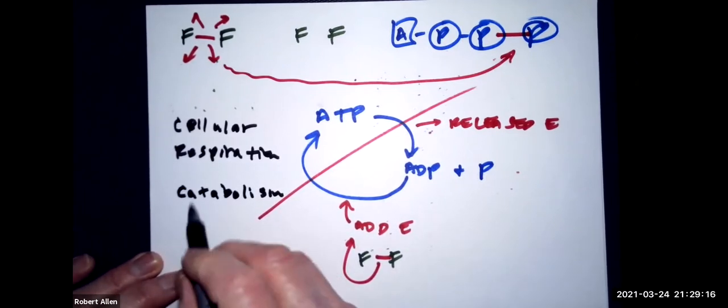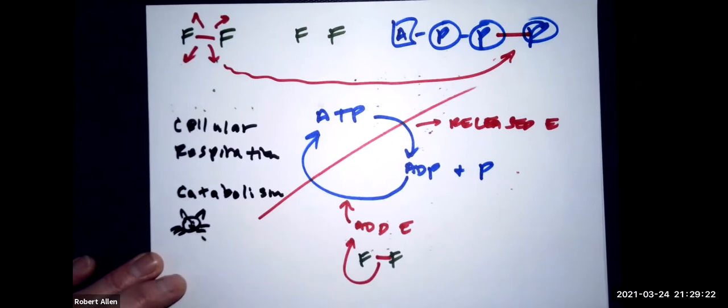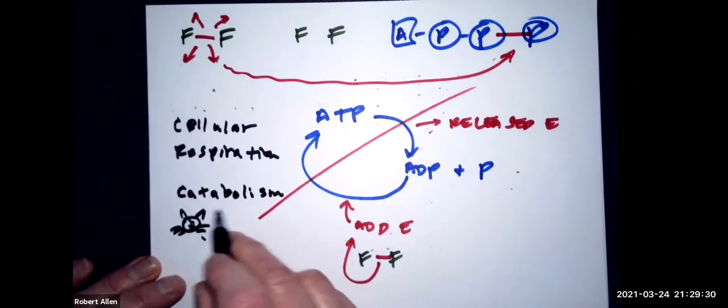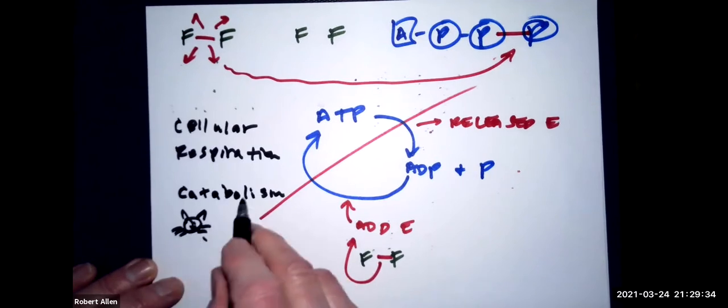And the way I always remember it is, I think of a nice kitty cat. And cats like to tear things up. They like to break them. So catabolism or catabolysis is all breaking things down.